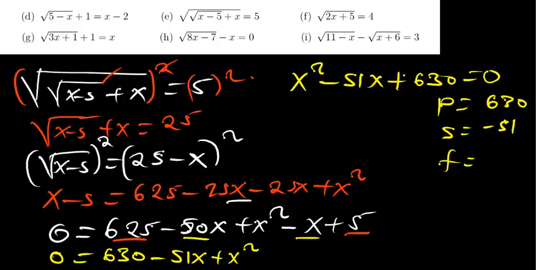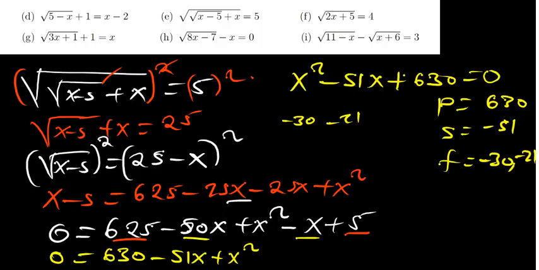Negative 30 and negative 21. Exactly. Negative 30 and negative 21. If I say negative 30 minus 21, I'm going to get the sum, which is negative 51. Negative 30 times negative 21 is going to give me positive 630.